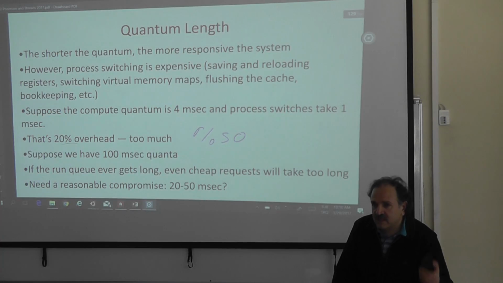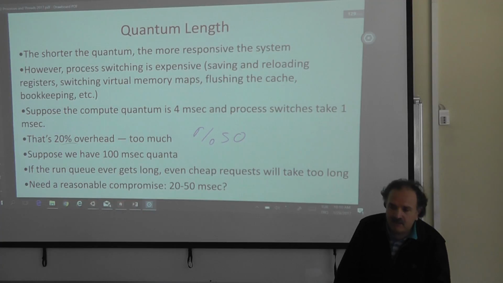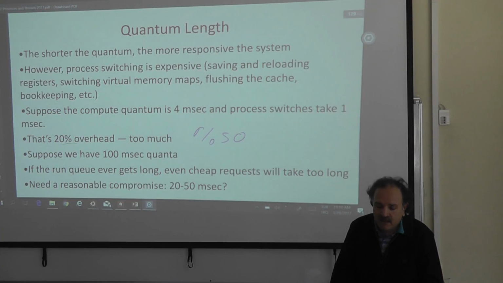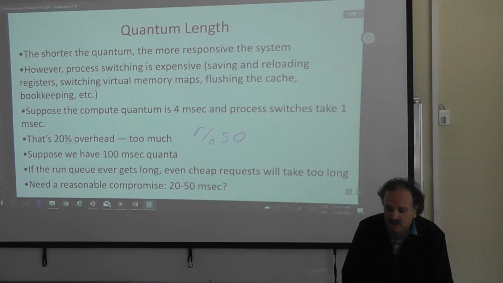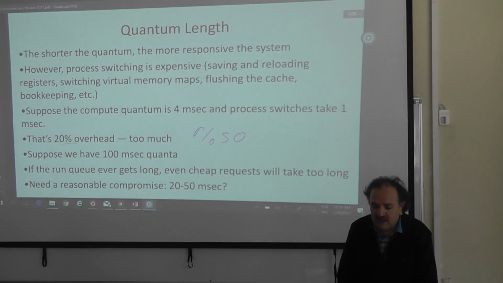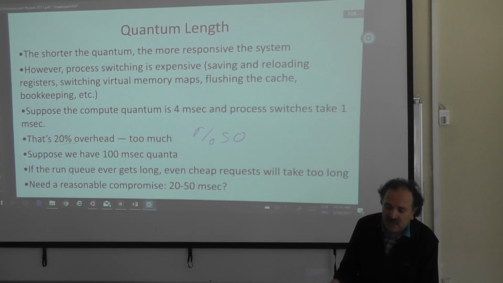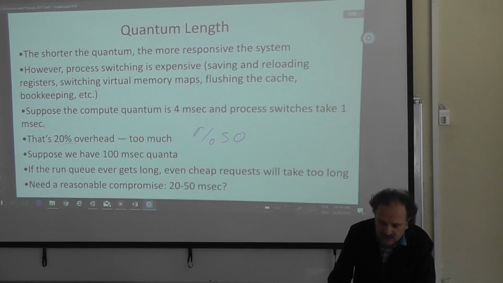But for this kind of computer, CPU utilization is not my first priority, because if I use my CPU 100% of the time, the battery in the system will not last for more than 20 minutes. So for some cases it might be okay with this kind of overhead. So it is always a trade-off between responsiveness, CPU utilization, and other system resource utilizations. Quantum length.